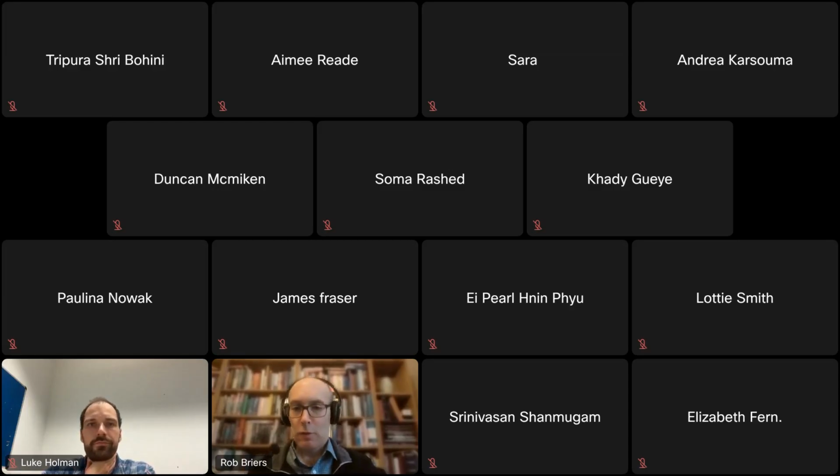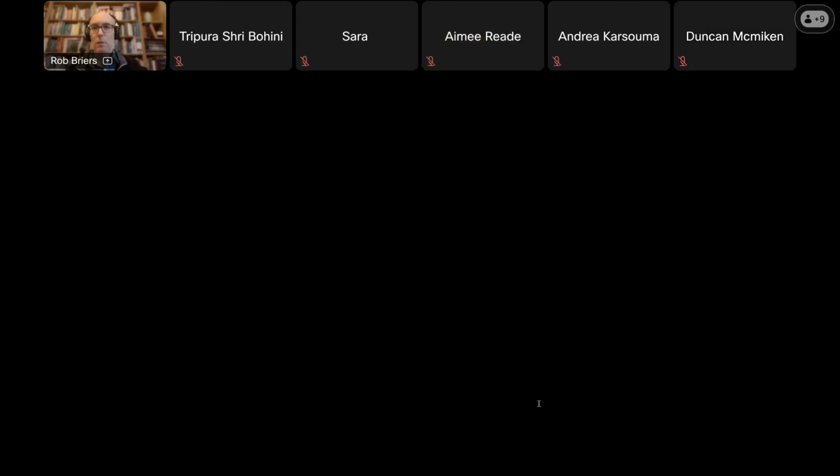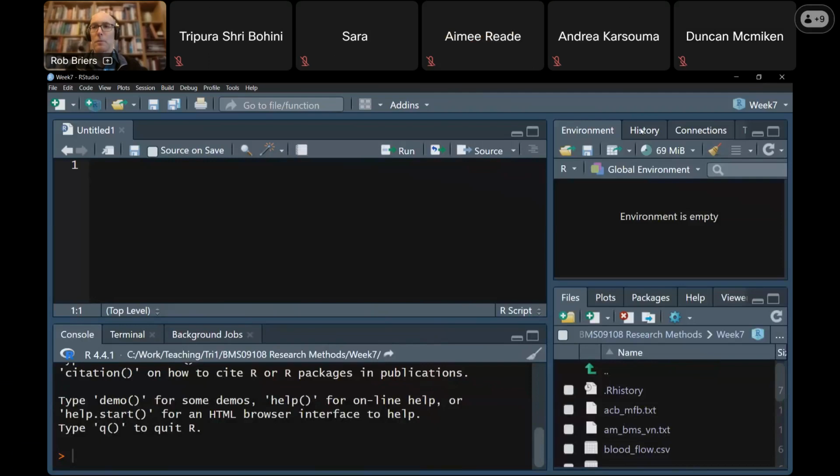So on that basis, we'll just get RStudio up. Okay, there we go. The example we've got this week is looking at cerebral blood flow measurements.